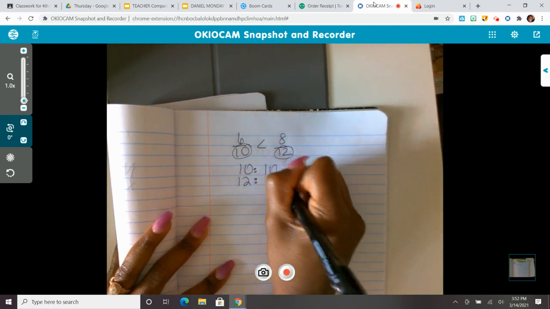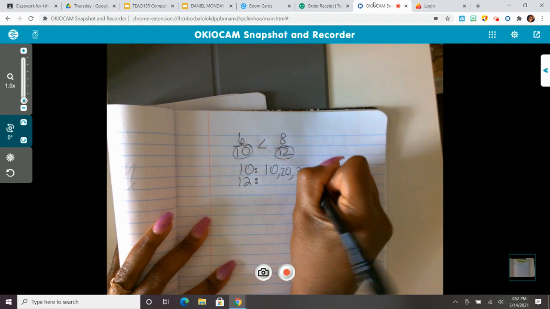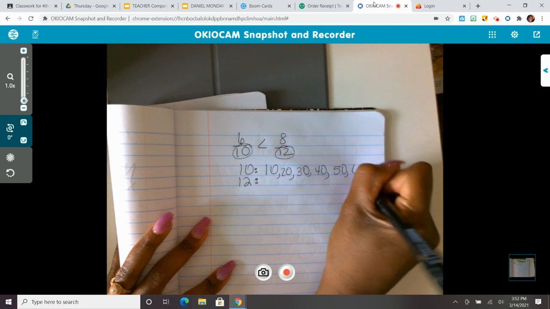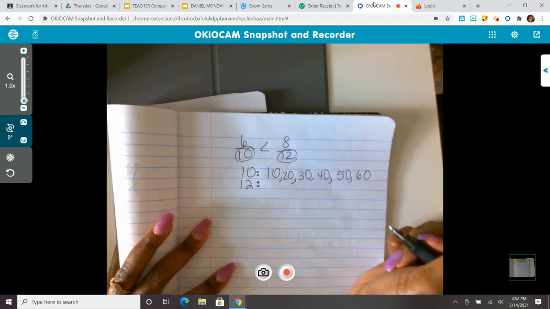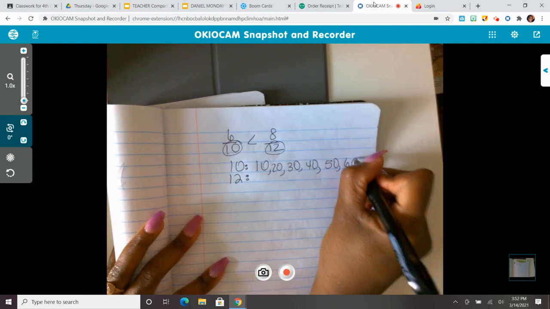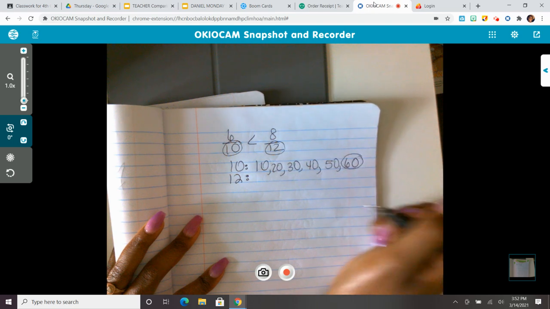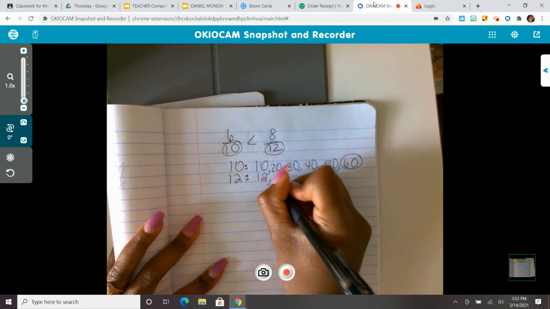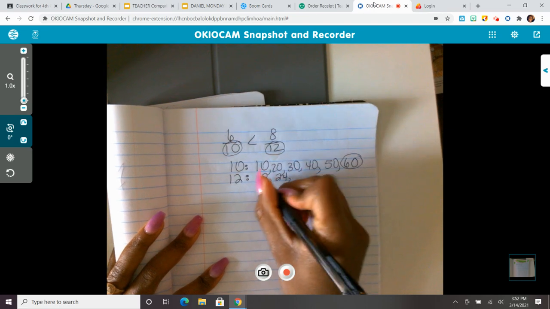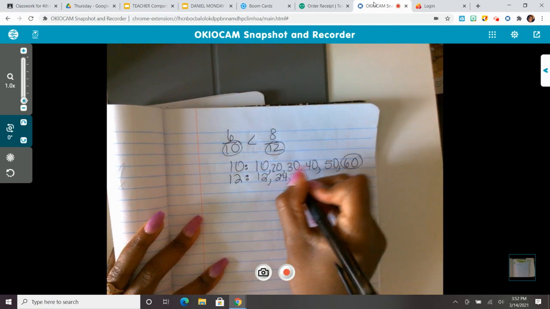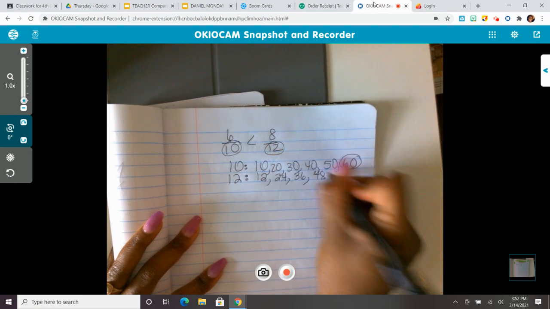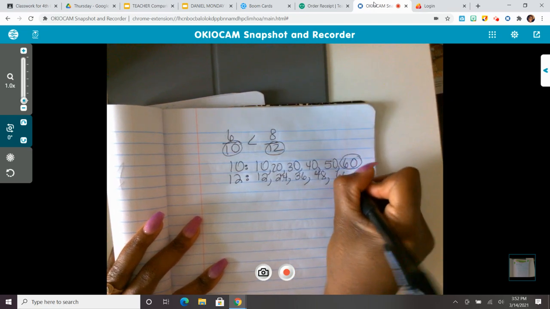We're going to go 10, 20, 30, 40, 50, 60. All right. So I'm going to stop right there. So I know that they're going to share 60 because 12 times 5 is 60. 12 times 1 is 12. 12 times 2 is 24. 12 times 3 is 36. 12 times 4 is 48. And 12 times 5 is 60.